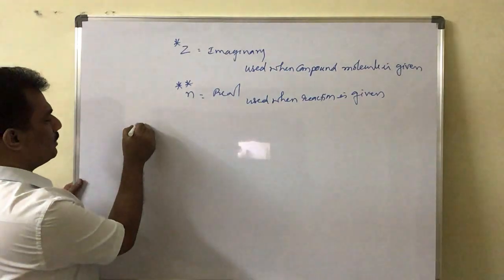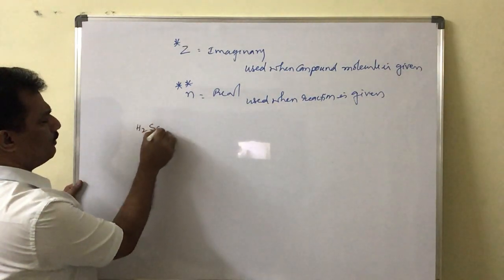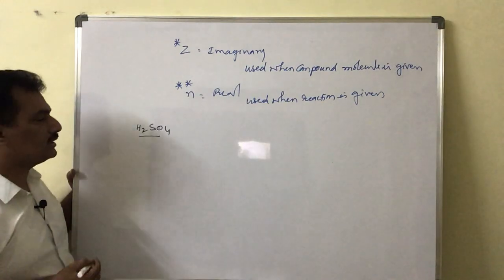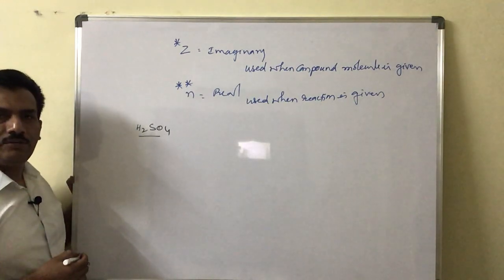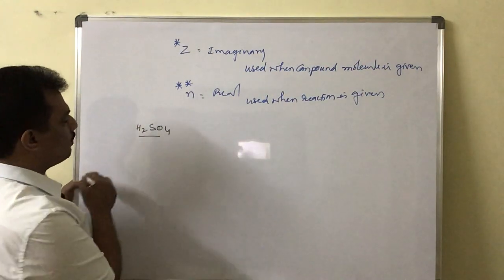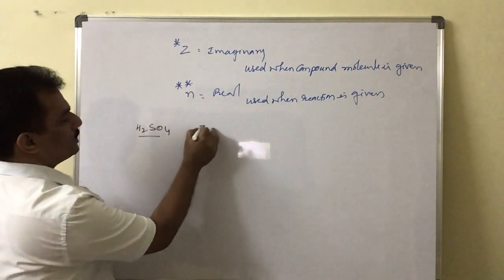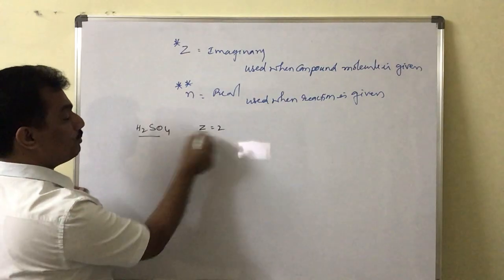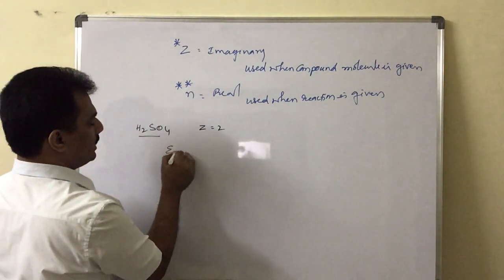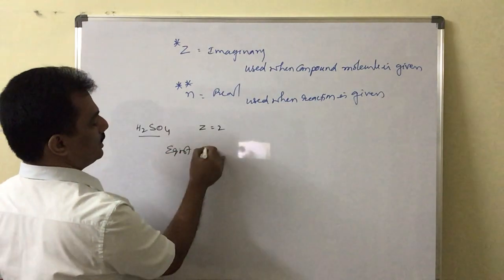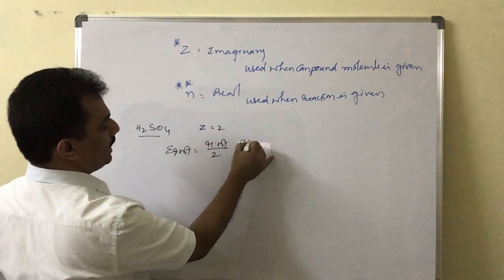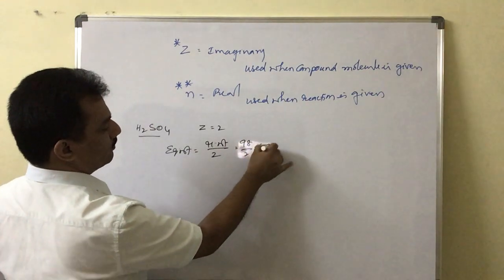Let me give one example with the familiar compound H2SO4. When they ask you to find the equivalent weight of H2SO4, from the molecular formula we consider Z as 2, that is 2 replaceable hydrogens we are imagining, so equivalent weight is molecular weight by Z, that is 98 by 2, that is 49.